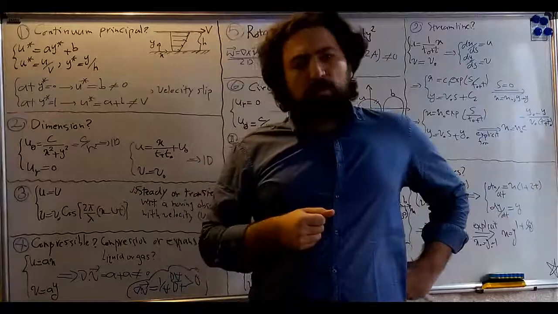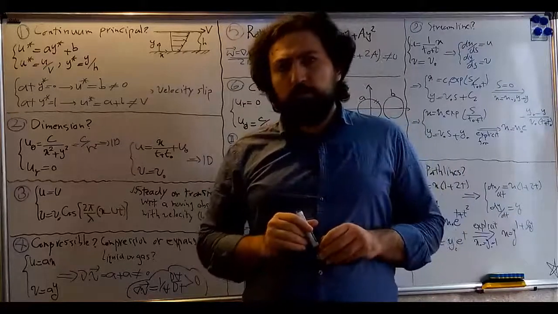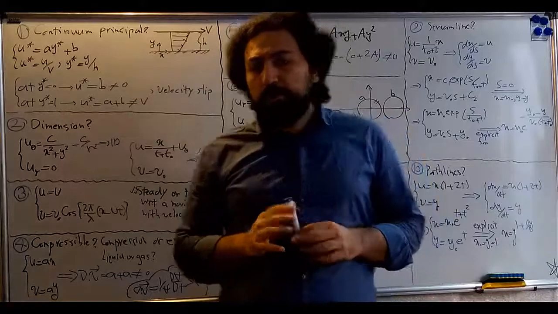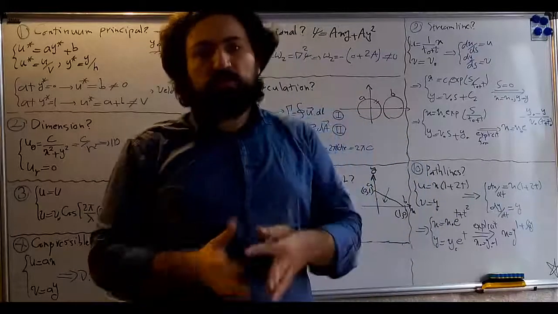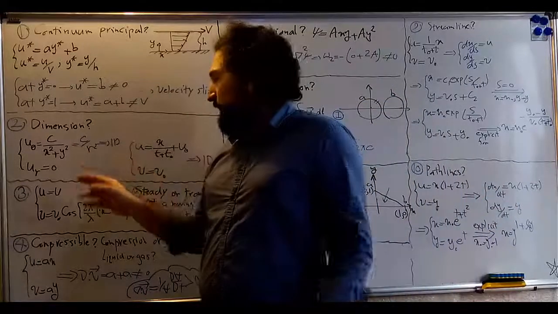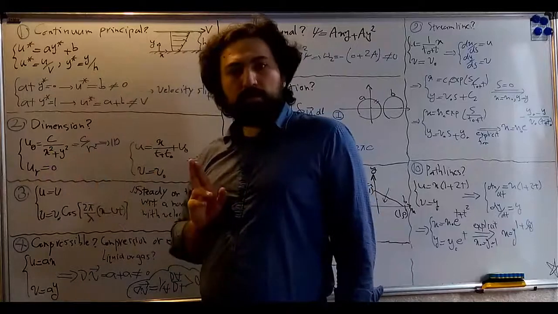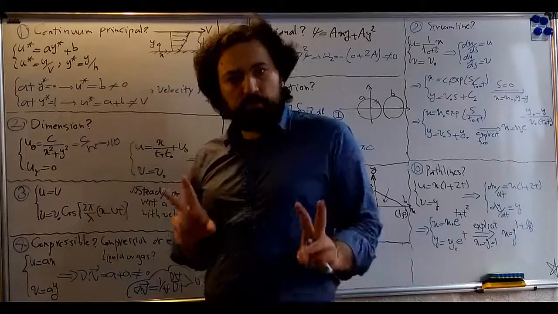The dimension of a velocity field is defined as the minimum number of required geometrical coordinates to describe a velocity field. So here, at first glance, we may say that we need two coordinates, x and y, so the dimension is 2.